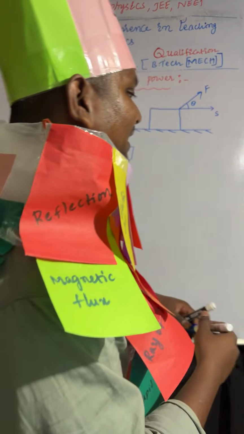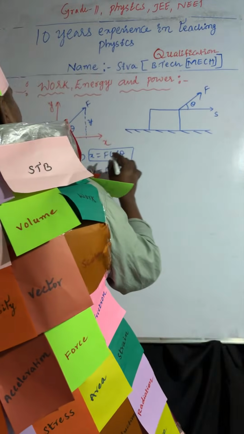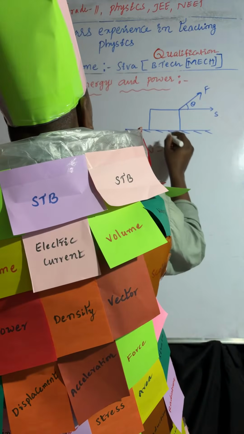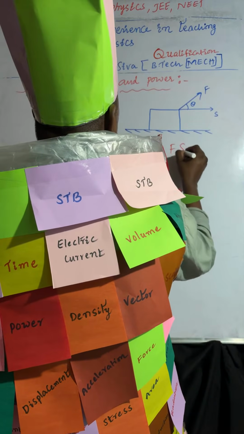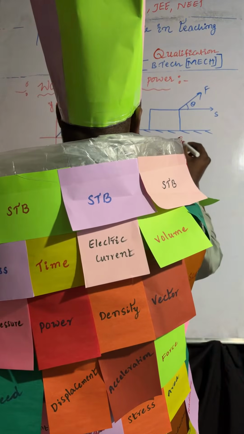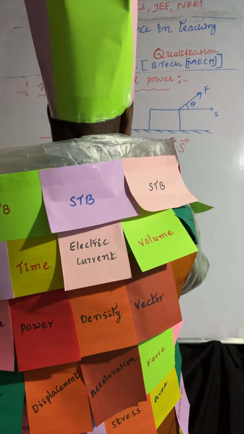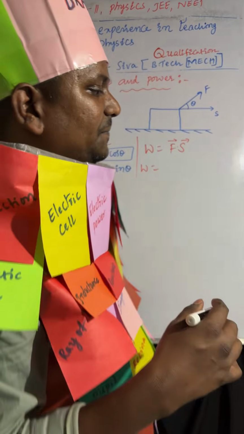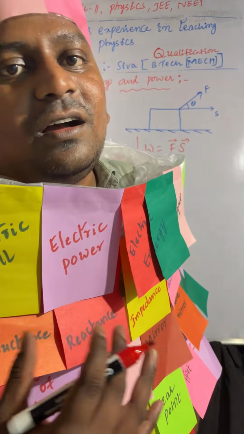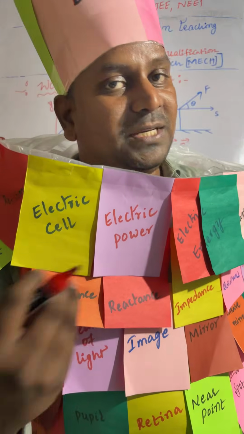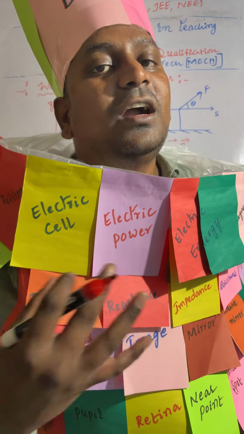That's why work done equals force into displacement. Work is a scalar quantity, the dot product of force and displacement: F bar dot S bar.